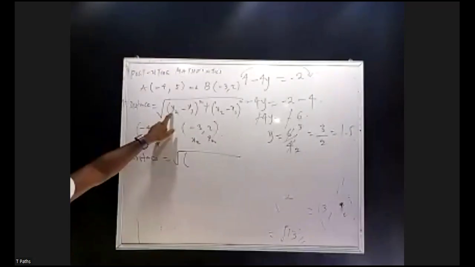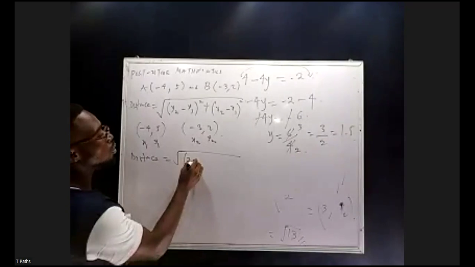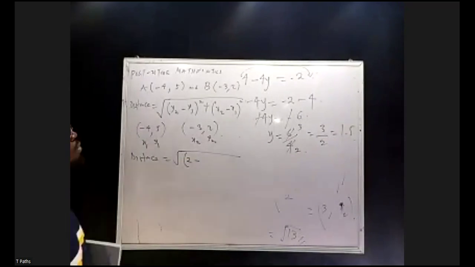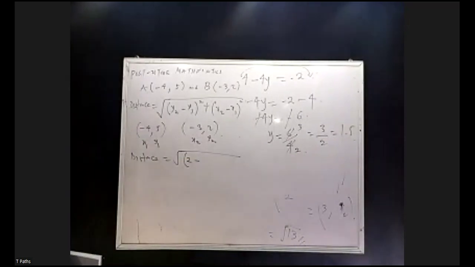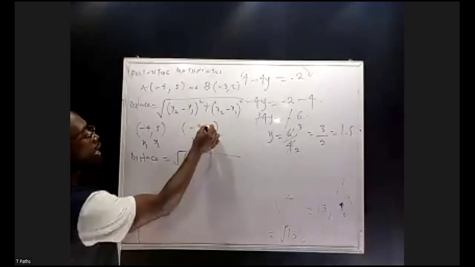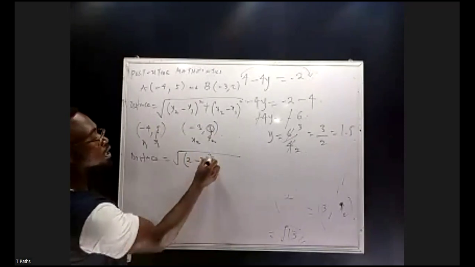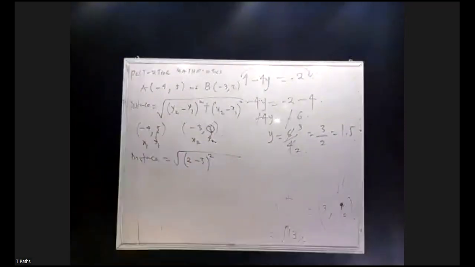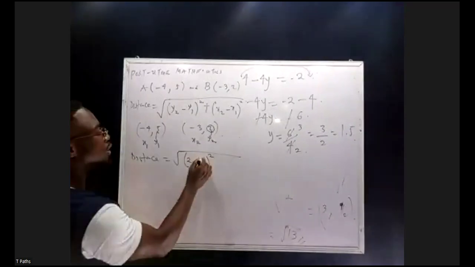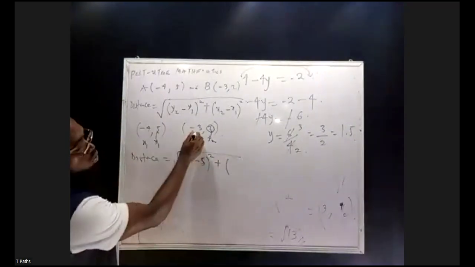You now put them back inside. The distance will now be the square root of, what? 2 minus, what is your y1? 5. Everything squared. Okay? Plus, what is your x2?